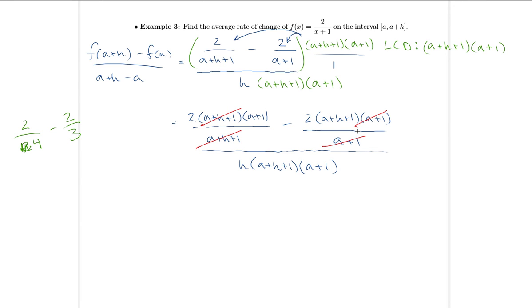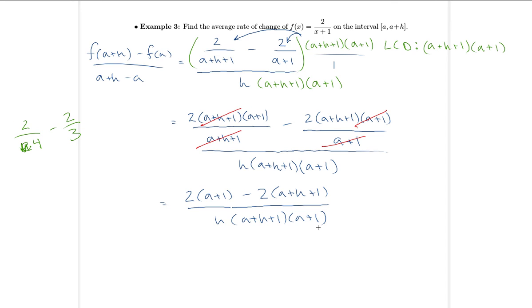A plus 1, same thing. So what I have now is 2 times a plus 1 minus 2 times a plus h plus 1, all over h times a plus h plus 1 times a plus 1.